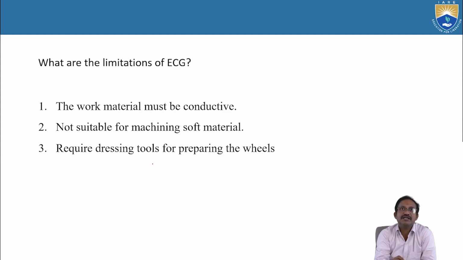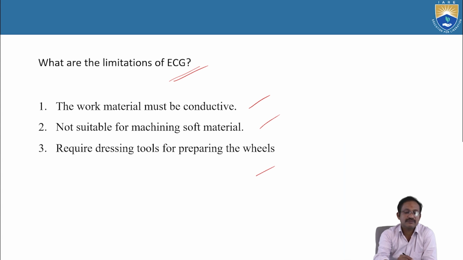What are the limitations of electrochemical grinding? First, the work material must be conductive. It is not suitable for machining soft material. It requires dressing tools for preparing the wheels.